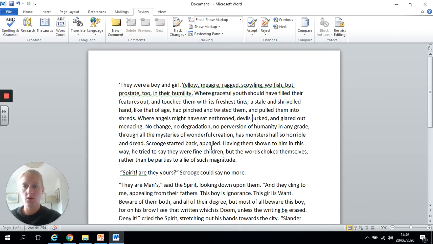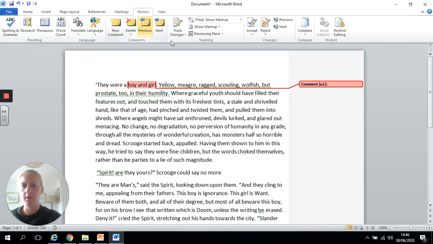So here I've got my Word document. The first thing I would think about is the fact that they are children. So it's emphasising their vulnerability. It's not a coincidence that they're children.